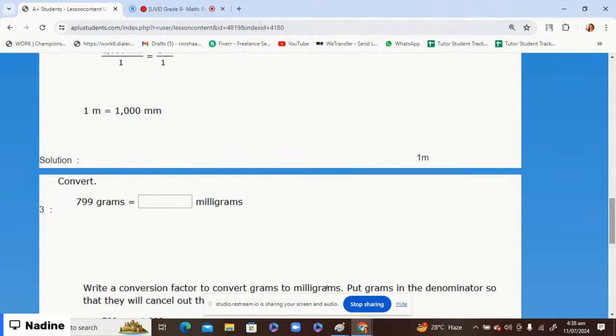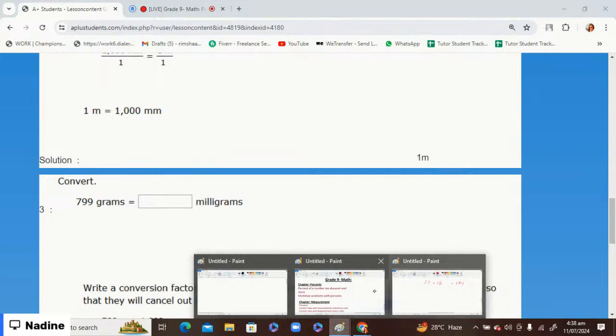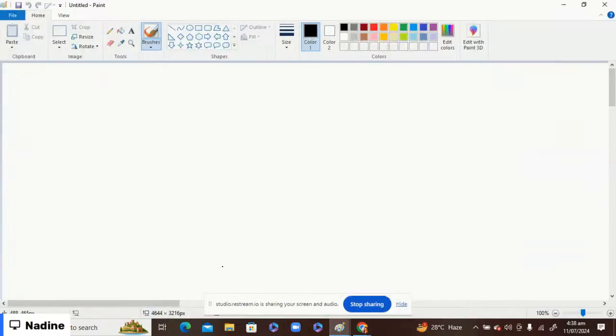Let me put a question here. So 1 gram is how many milligrams?